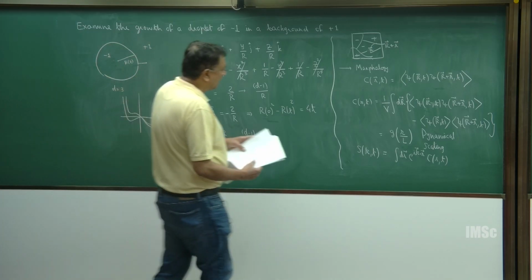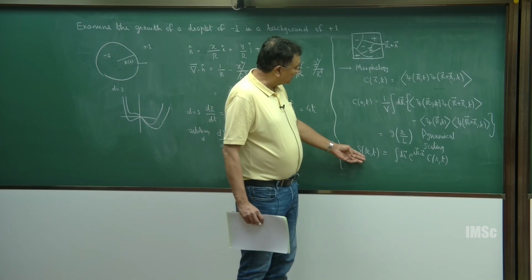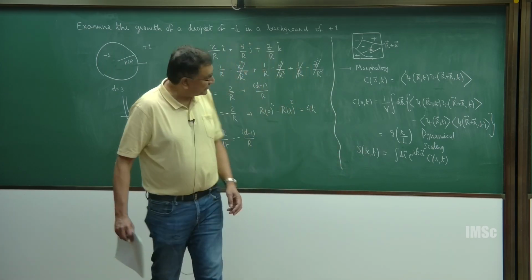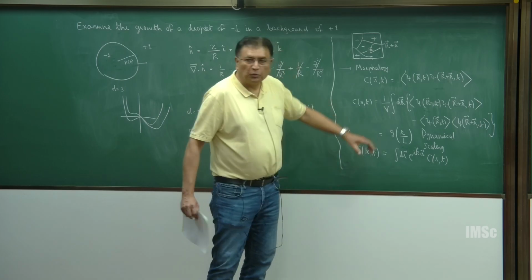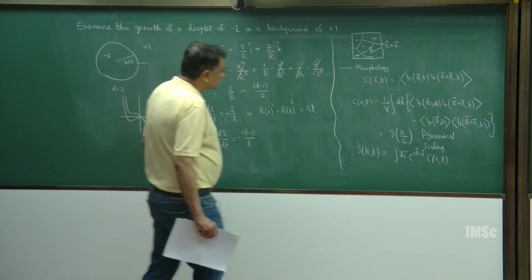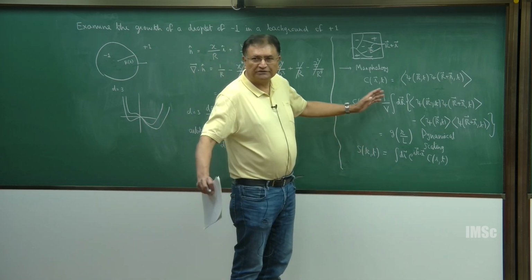So, if you know one, you know the other obviously, but experimentally, as I said earlier, if you do some kind of scattering experiment, typically the scattering cross section is proportional to S(k, t). And because it's a non-equilibrium system, it depends independently on k and t, supposedly.